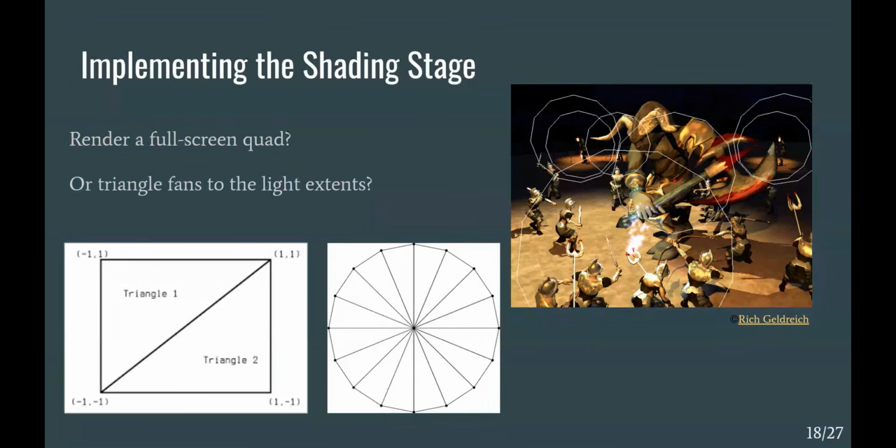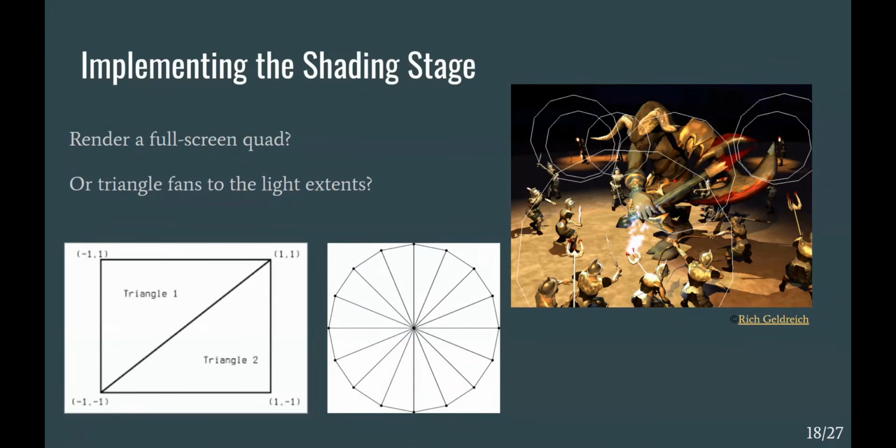But computing that is kind of wasteful. The contribution is so small that you can do without it. And so what we can do is we can model lights to have a fall off that actually falls to zero at some radius. And this lets us restrict the extents of the light. We only have to shade fragments that are within that radius of the light.